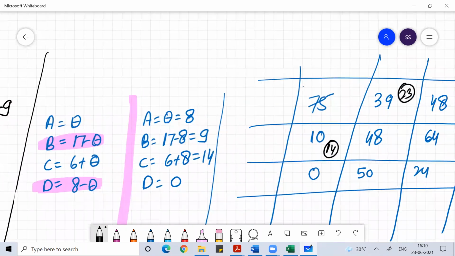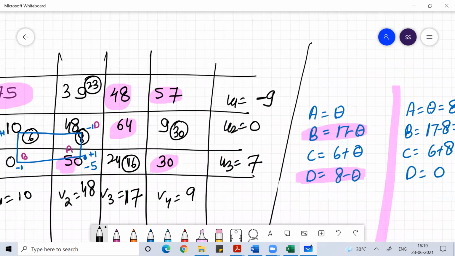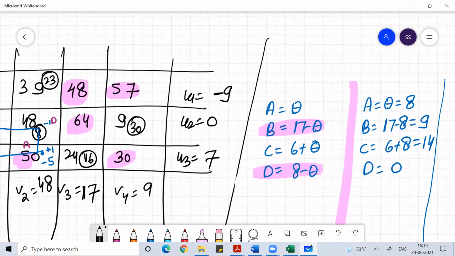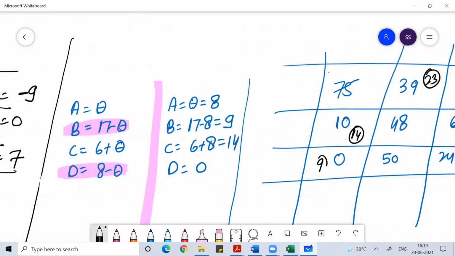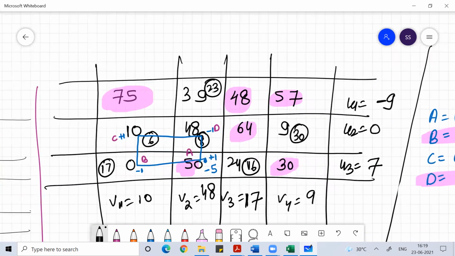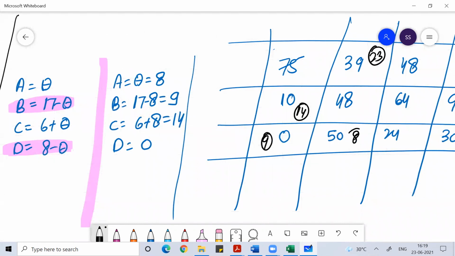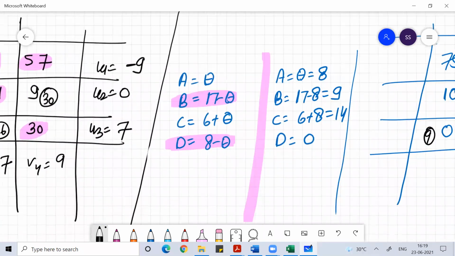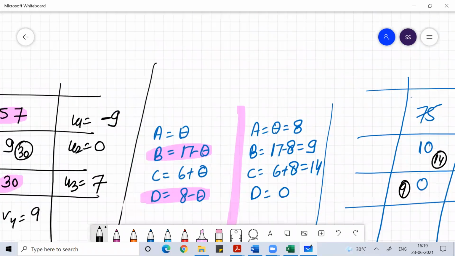Then 9 is 30. Then B became 9, 17 minus 8. Then for 50 you did an allocation of 8. Then 24 is 16.